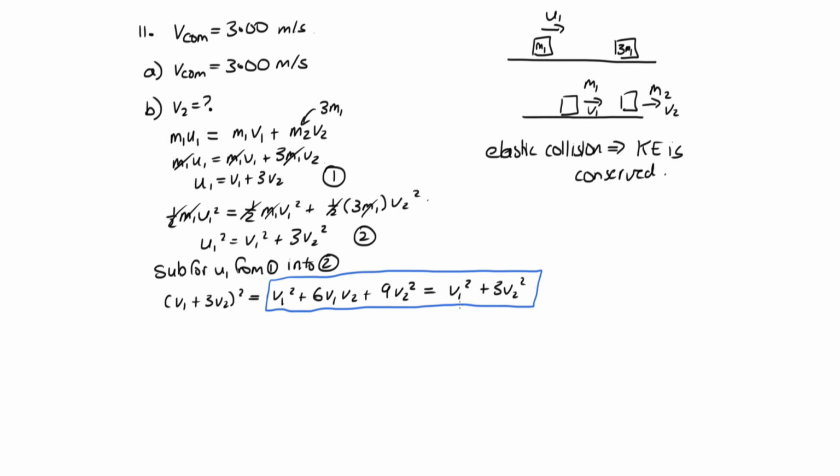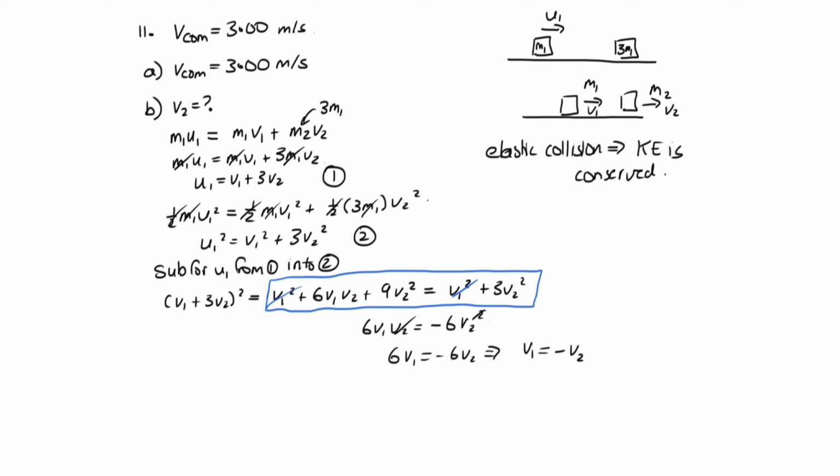And considering just the bits in the blue box, I can cancel that on either side. I'll cancel some of this with some of that. So let's write this as I've got 6v1 v2 is equal to 3 minus 9, so that's minus 6v2 squared. And I can divide by v2. So I end up with 6v1 is equal to minus 6v2, which tells me that v1 is equal to minus v2.